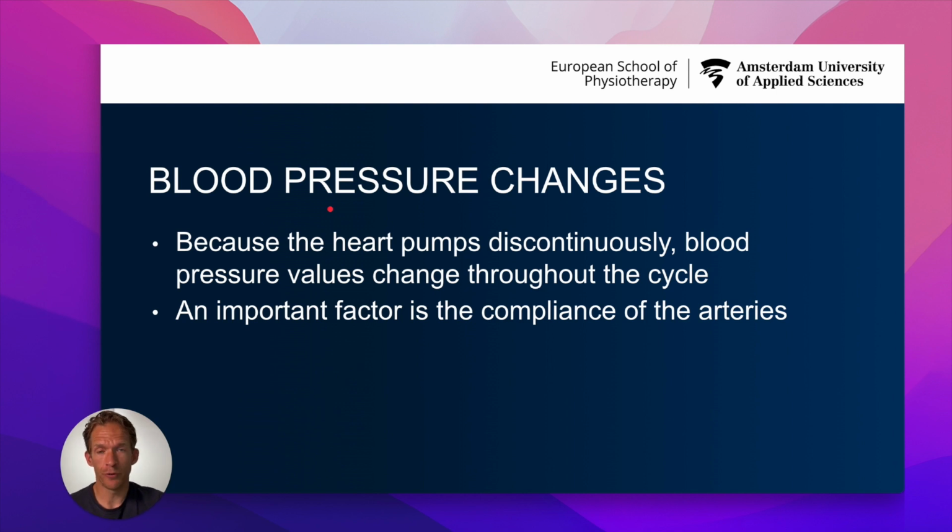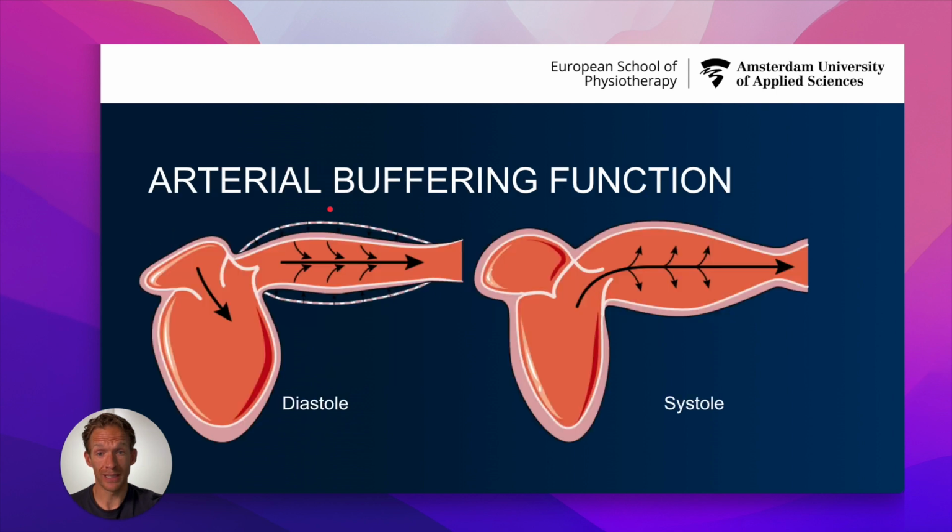As mentioned before, the compliance of the arteries is very important to understand how blood pressure can be buffered and can be regulated. So as soon as the blood leaves the heart, especially if you would consider this to be the aorta, for example, you see that the elasticity of the bigger arteries is very important for the body to turn this discontinuous pumping action into a little bit more continuous pumping action.